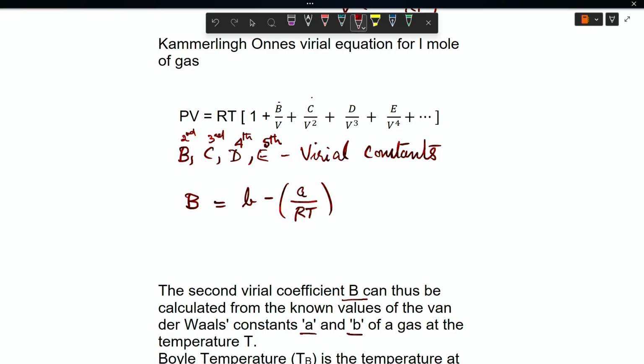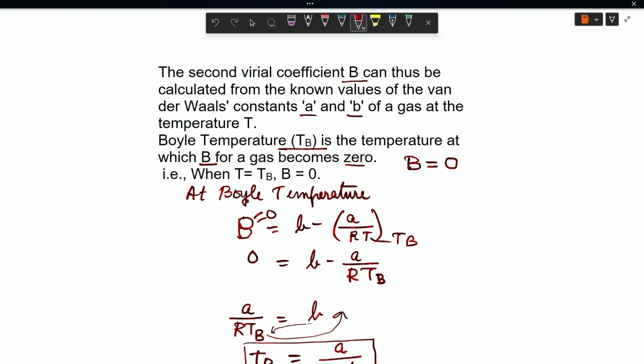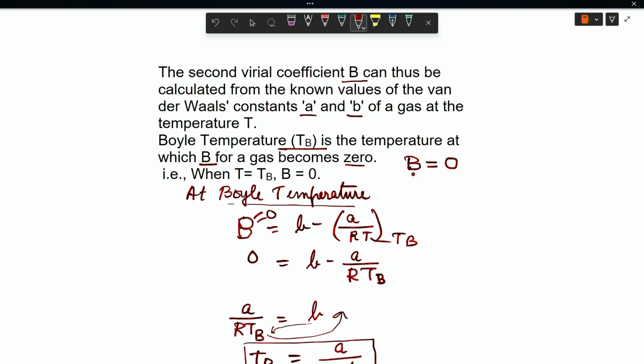Okay. Now, I am going to apply the condition, that is at Boyle temperature. Boyle temperature is a temperature at which the virial coefficient B becomes 0. Now, if I apply that condition, when B is equal to 0 the temperature will be the Boyle temperature TB.